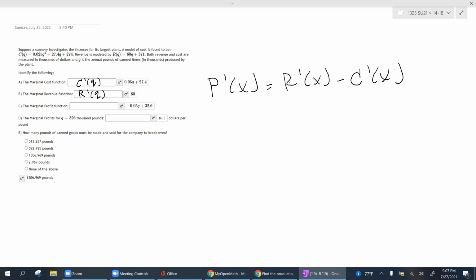Revenue minus cost. Very nice. So that's how you find that value.